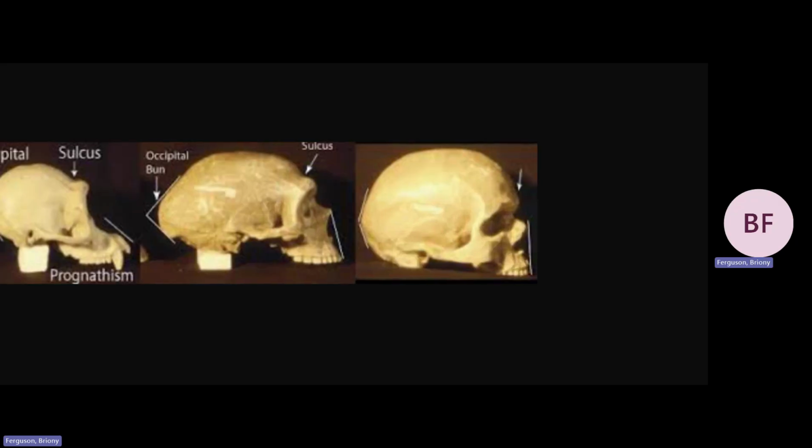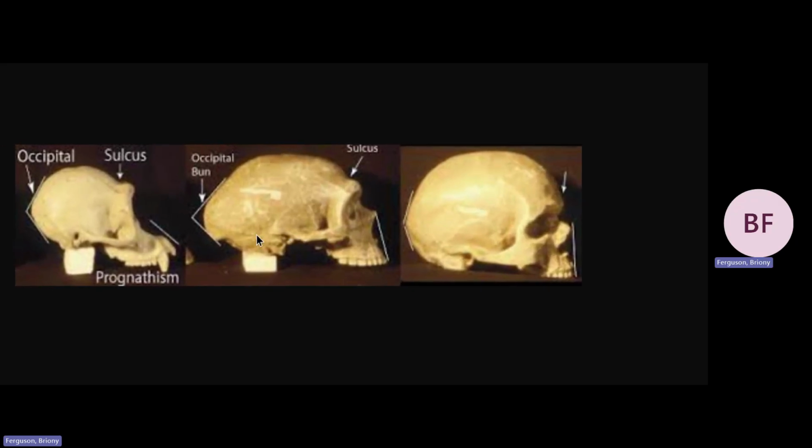Now this is that prognathism. You can see it a little bit more. You can see here with extreme prognathism, you see a very sharp angle. As we get more bipedal, this reduces until we get to modern humans, which is relatively straight. There is a slight kind of change.